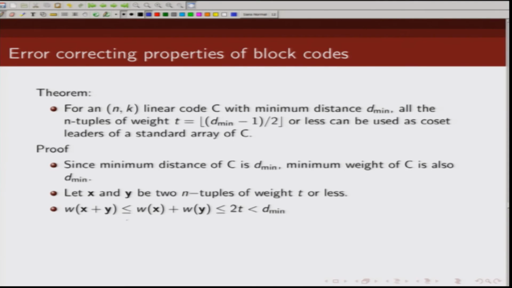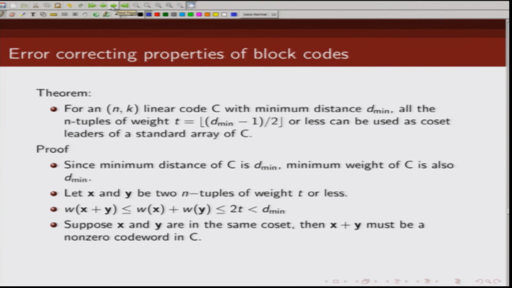Because there might be some overlapping ones at some locations of this n tuple x and y, and we are given that the weight of x and weight of y is at most t. So, then weight of x plus weight of y will be less than or equal to 2t, and this is less than minimum distance, because minimum distance of a code is at least 2t plus 1.